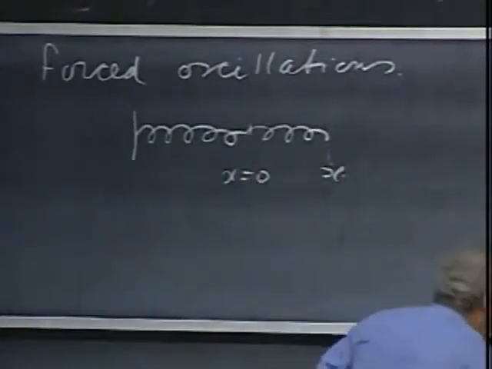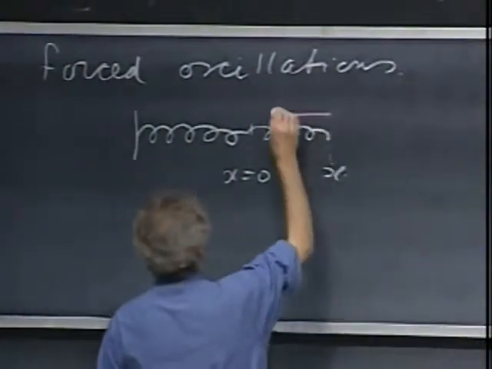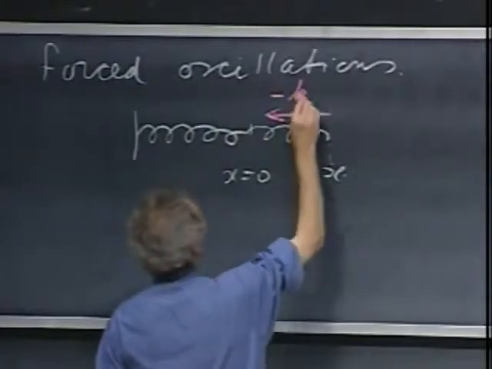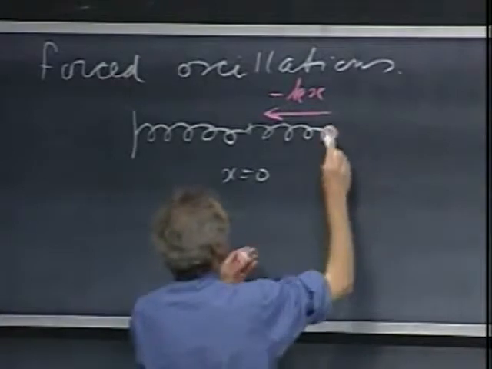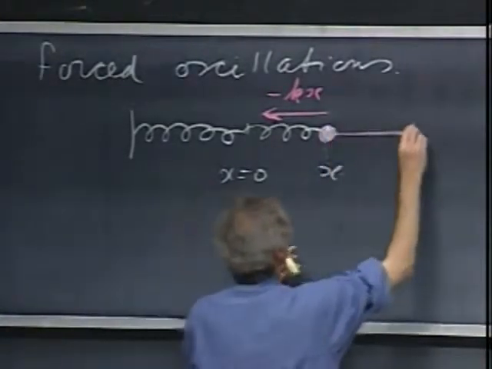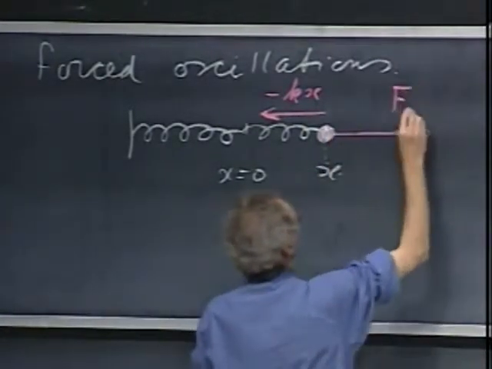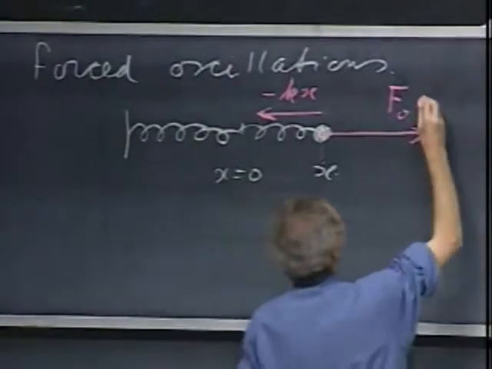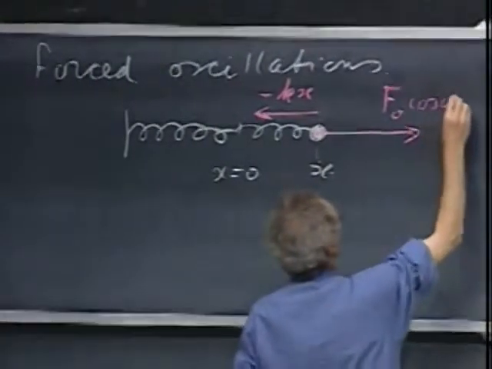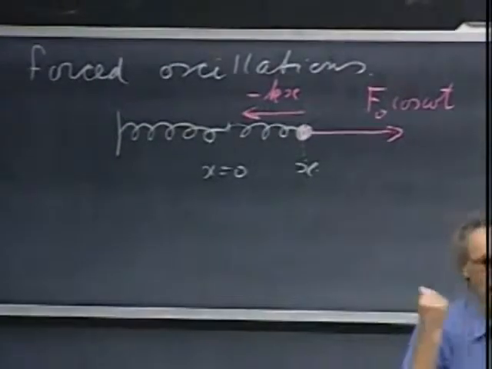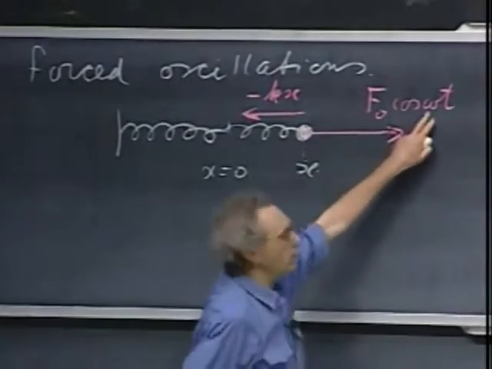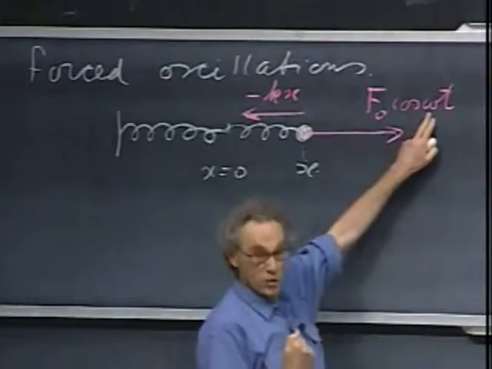And we have the spring force, very familiar, minus kx. But now, this object here, which is mass m, I'm going to add a force to it, F0, which is the amplitude of the force, times the cosine of omega t. So I'm going to force it in a sinusoidal fashion with a frequency that I choose.